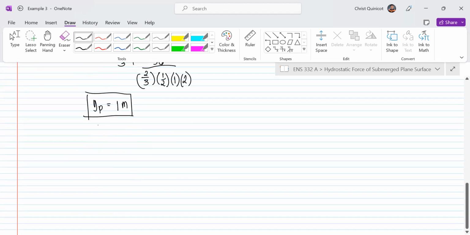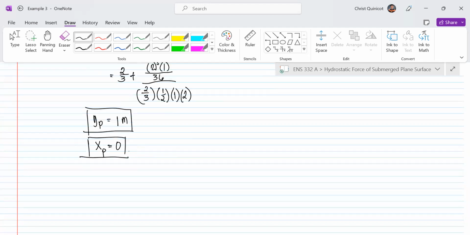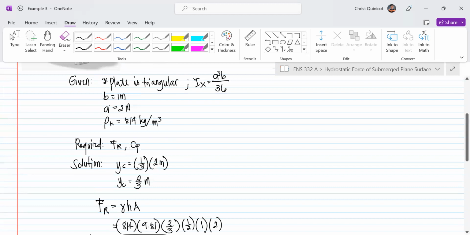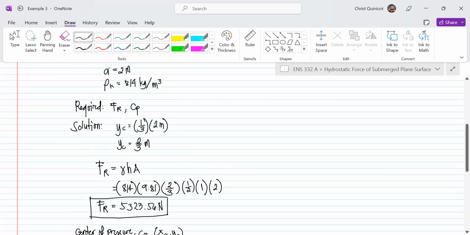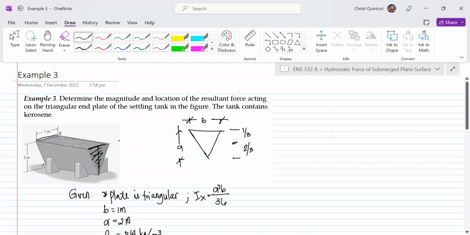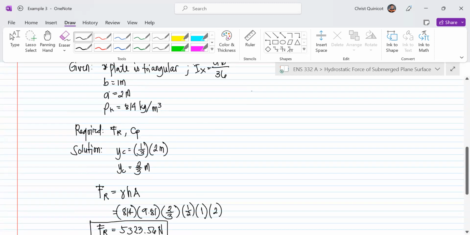And our x sub p is equal to 0 because the triangle is symmetric about the y-axis. So that is example number 3.